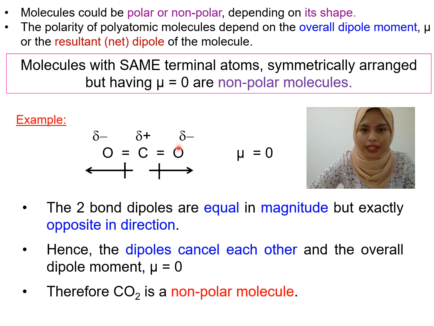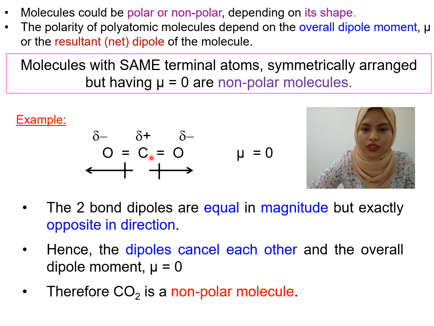Okay, from the flow chart that Miss explained earlier, if you want to determine the polarity of your molecule, the first thing to do is draw the Lewis structure of your molecule. After drawing it, you will know whether your central atom has a lone pair or not, and how many electron pairs are at your central atom.